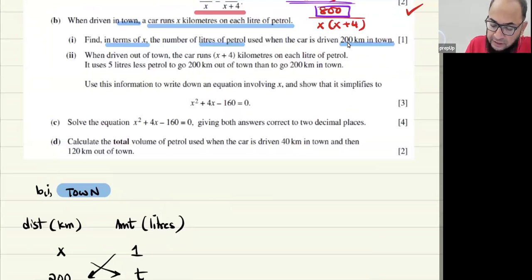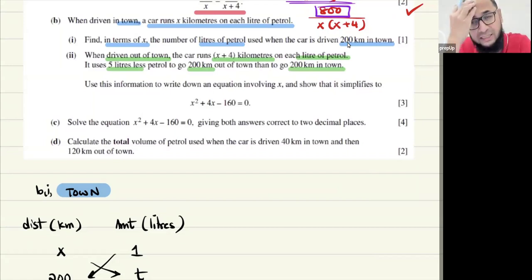Now it's asking for the second part. When driven out of town, the car runs x plus 4 kilometers on each liter of petrol. It uses 5 liters less petrol to go 200 kilometers out of town than to go 200 kilometers in town.